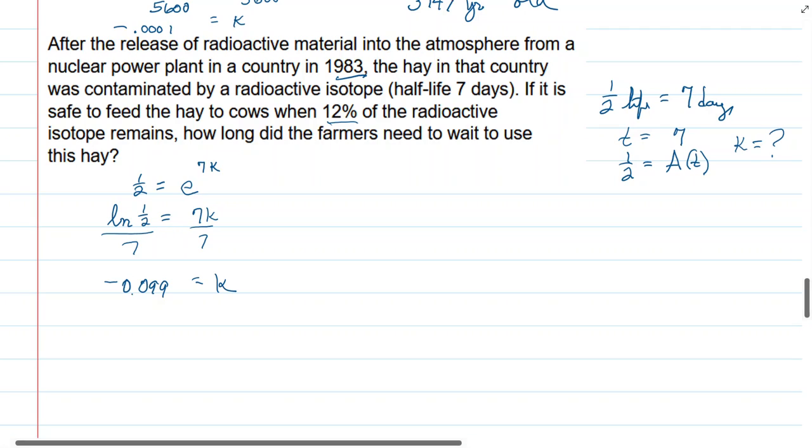Okay, so we want 12% equal to e to the negative 0.099 T. This time we want time to reach that value. Is everybody comfortable with that?